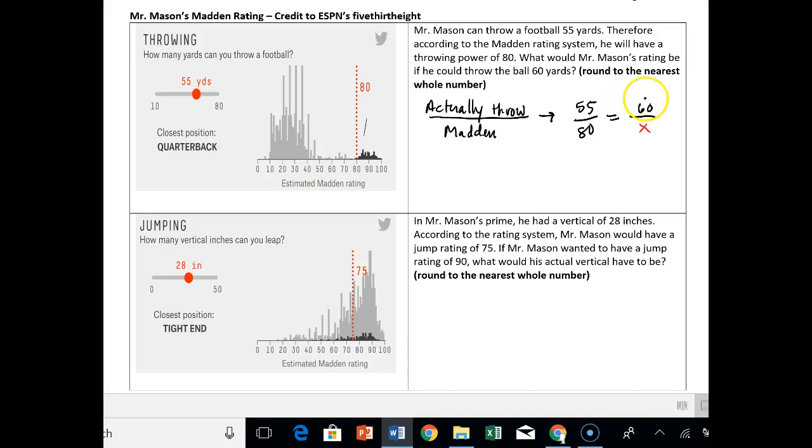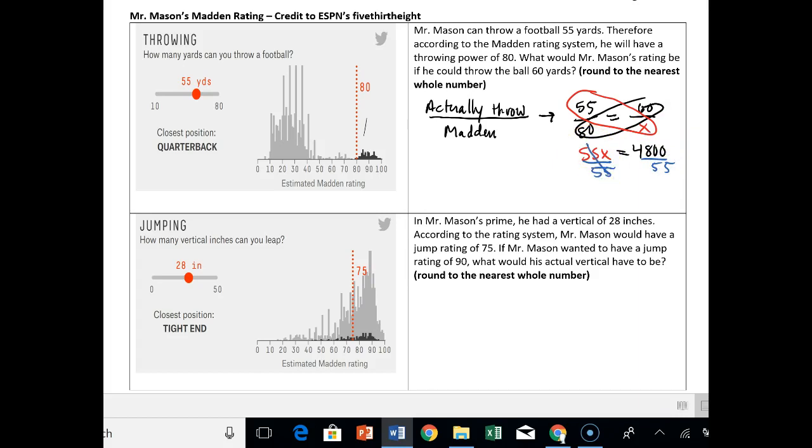So let's do some multiplication. We do our 80 times 60, and we do our 55 times our variable x, right? So that gives us 55x equals 4,800. And then to solve, we will divide both sides by 55.